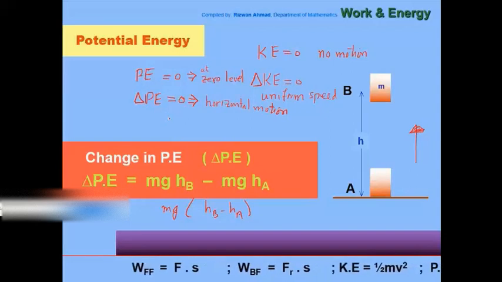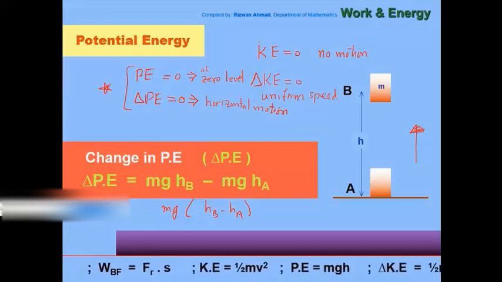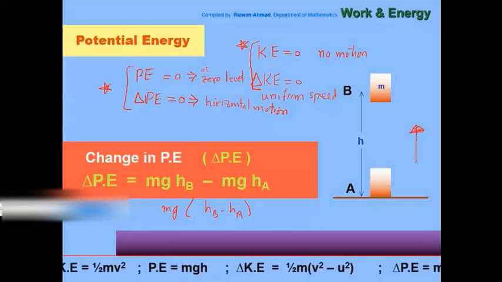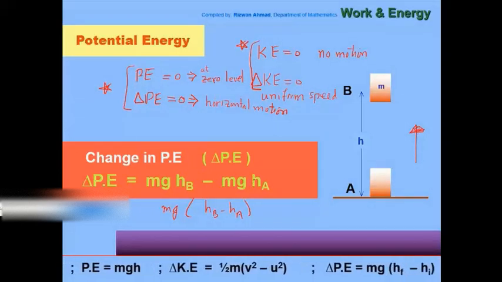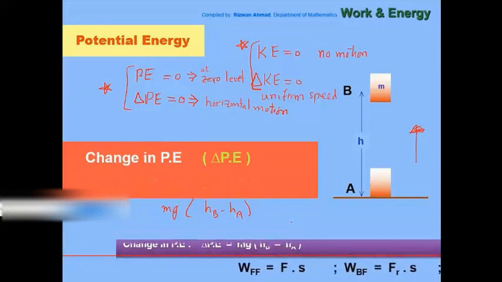Okay, so remember these facts. These are about the potential energy and these are about the kinetic energy. Okay, so change in potential energy is this, mg we can take common.